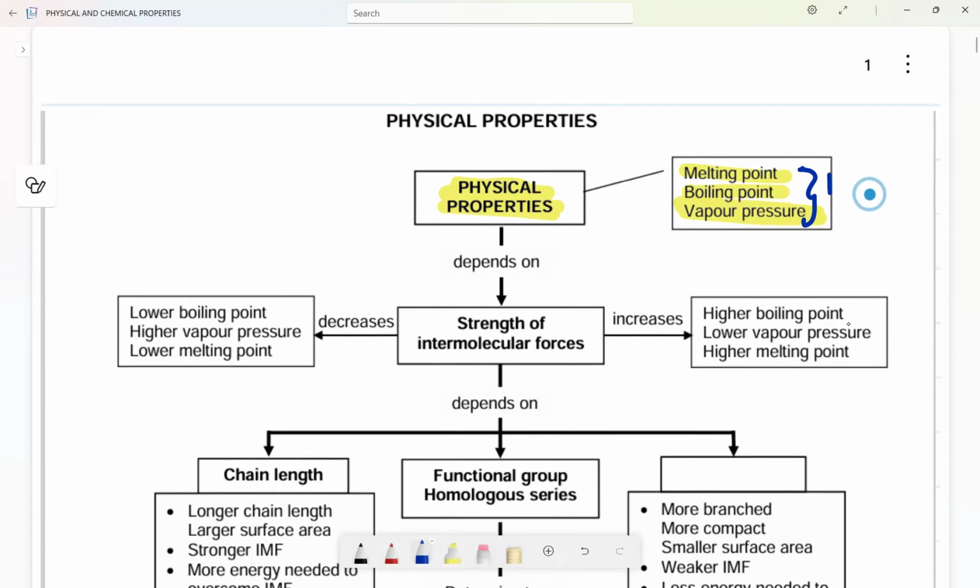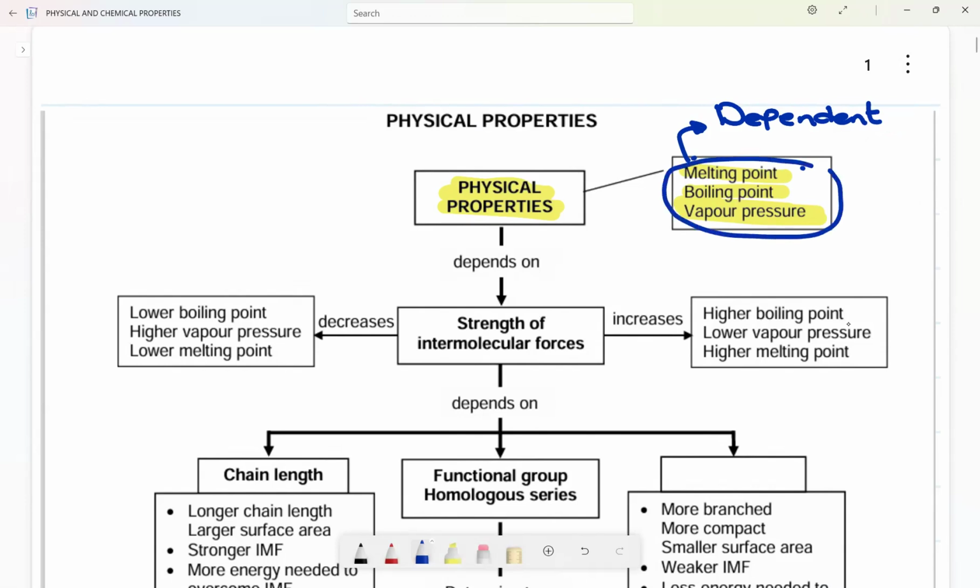Let me write it here. We refer to these as the dependent variables. So we call these the dependent variables.